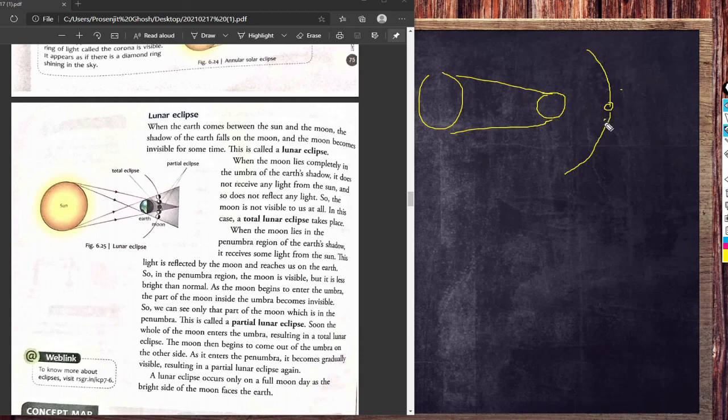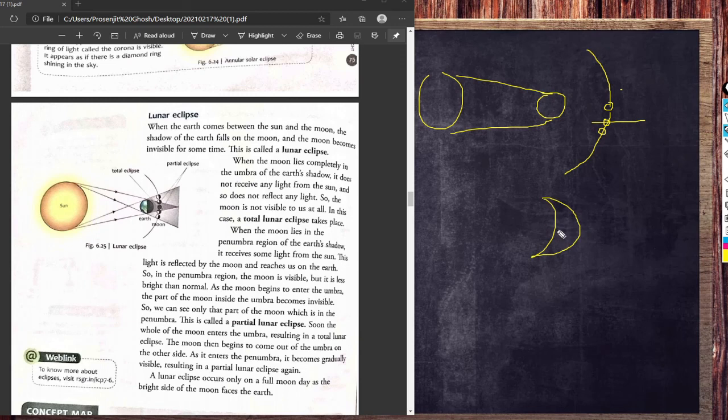But we know that the moon changes its position. What if it comes out a little bit more by the rotation? Then we can see a certain portion of the moon coming out.